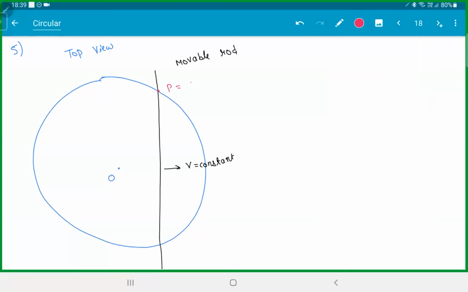P is a point of intersection of the rod and the ring. So wherever the rod touches the ring, that point is called P. R is the radius.